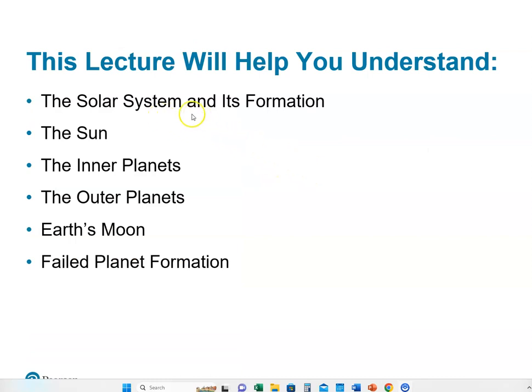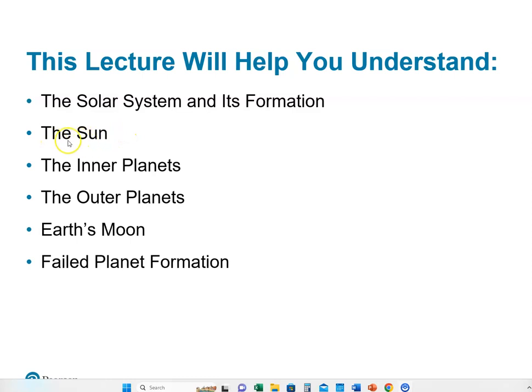All right, so these are the different topics that we're going to cover: the formation of the solar system, which happened 4.5 billion years ago. We know that because that's when the Earth formed. That's also when the asteroids formed, and comets, and everything that's in our solar system started then.